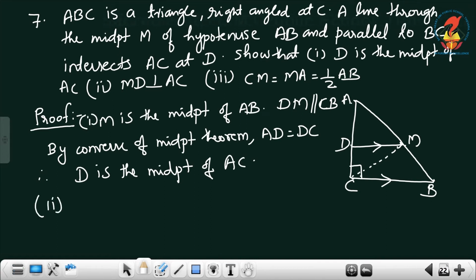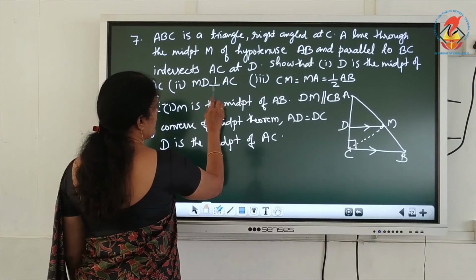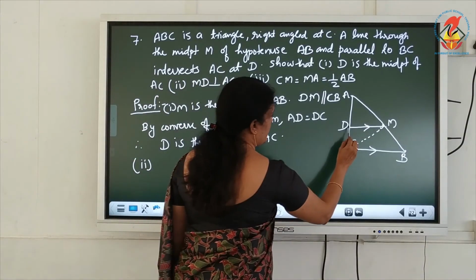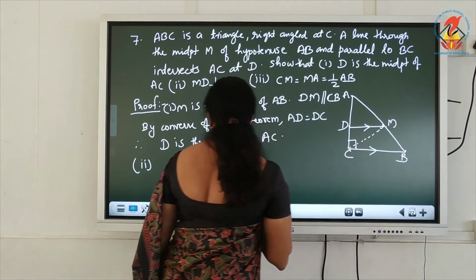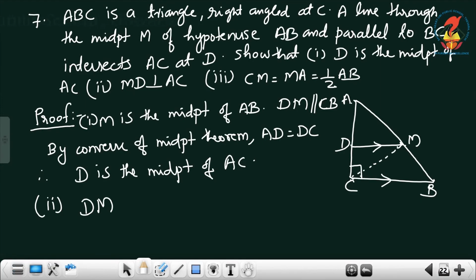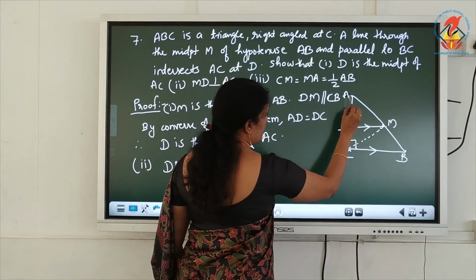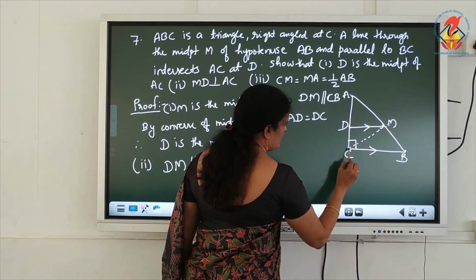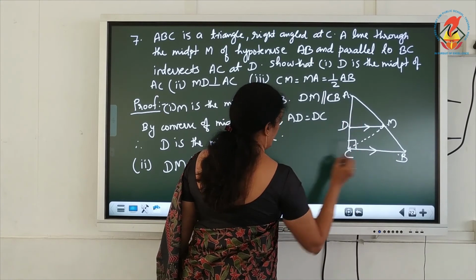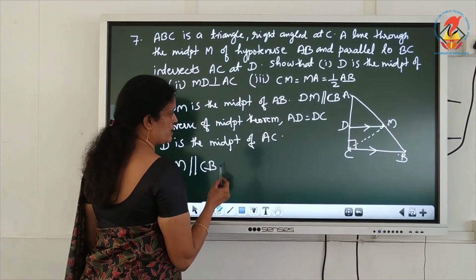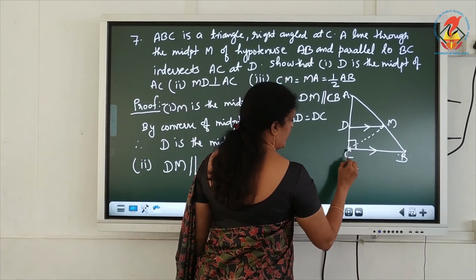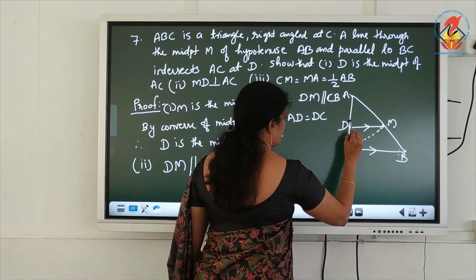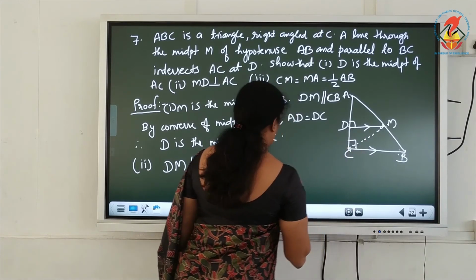Second one, we need to prove that MD is perpendicular to AC. Here DM is parallel to CB. That means angle ADM equals angle ACB, because when two lines are parallel, these corresponding angles are equal.